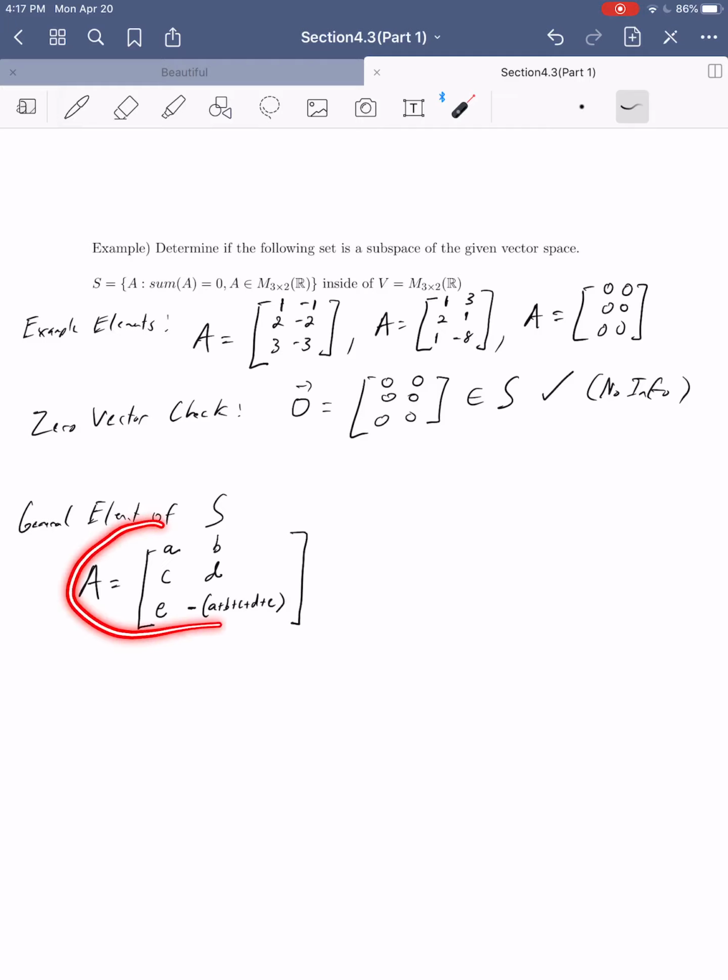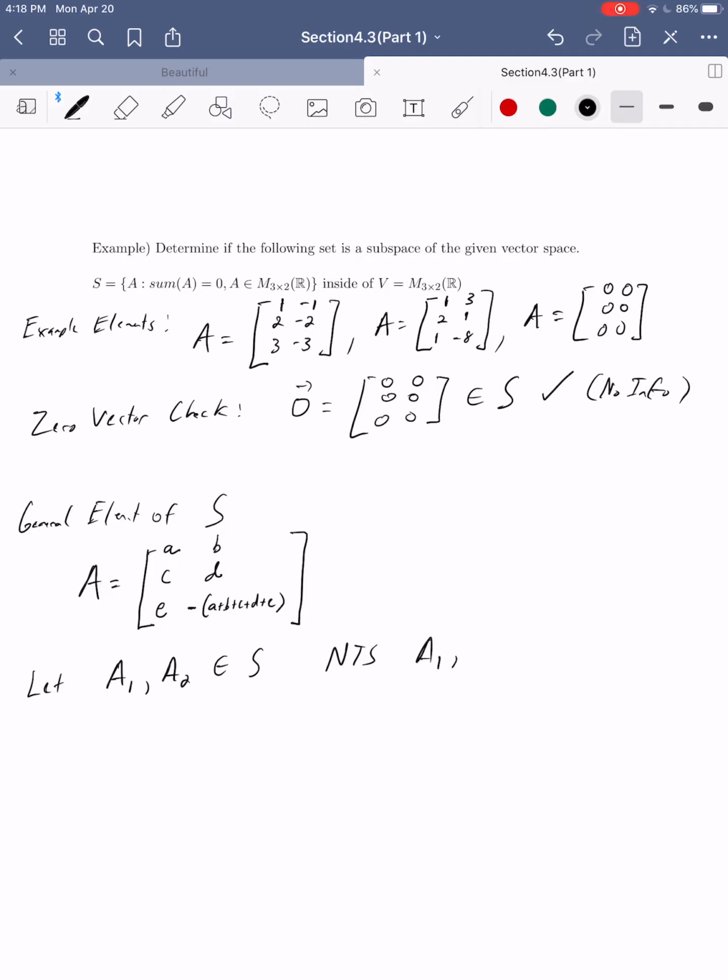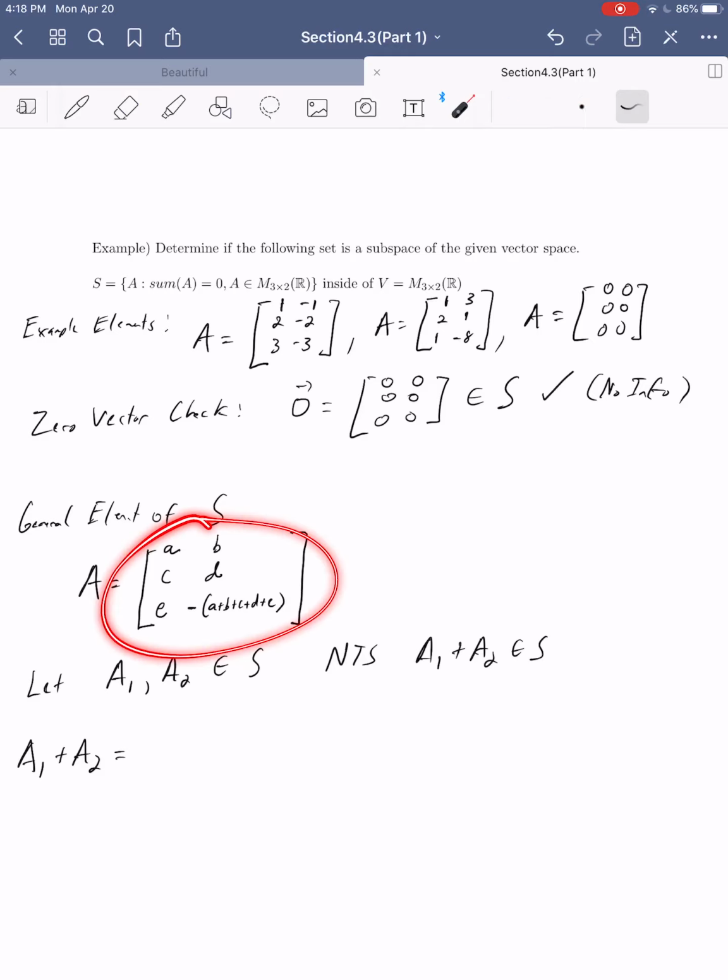Okay, why did I spend time talking about that? By knowing this, it'll be easier to look at the properties of closure under addition and scalar multiplication. So let A1 and A2 be elements of S. We need to show that A1 plus A2 is an element of S. So A1 plus A2, what does that look like? Let's call A1 of this form all with subscript 1, and A2 this form all with subscript 2.